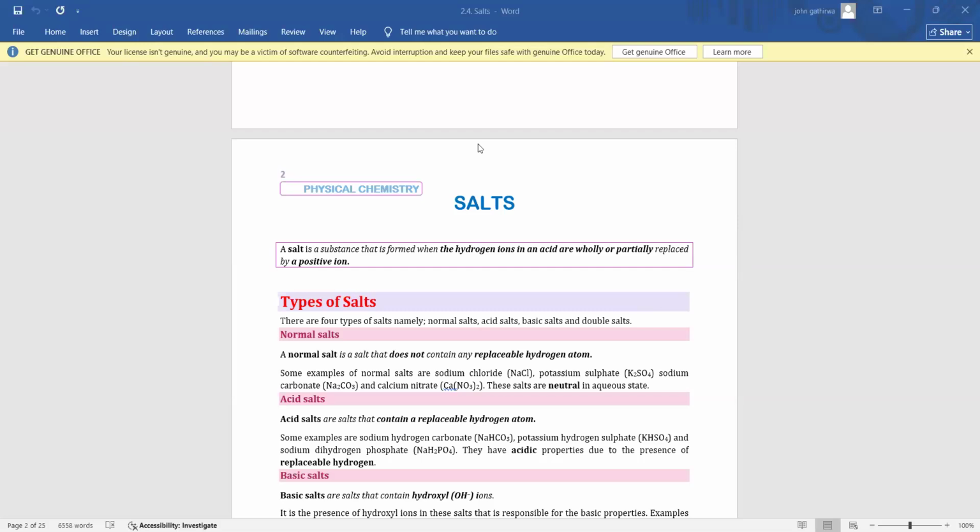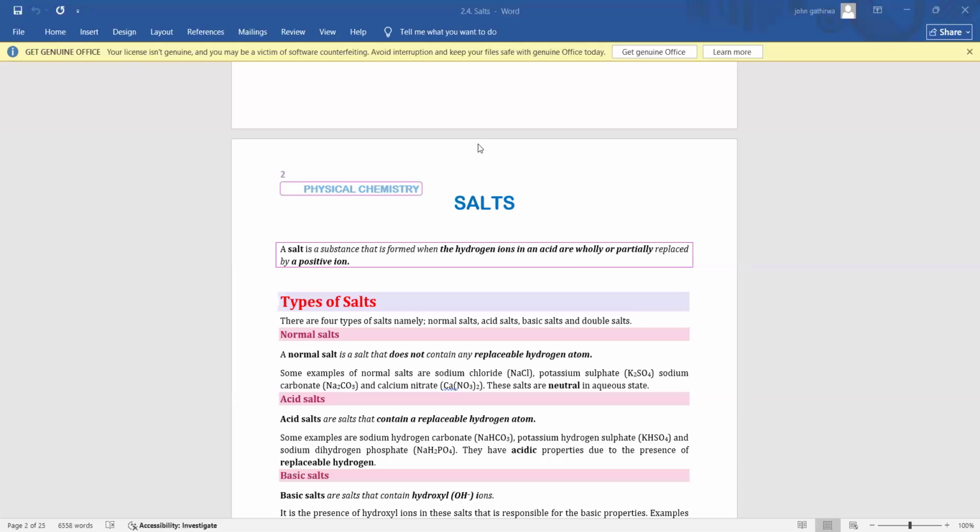Basic salts are salts that contain hydroxide ions. For example, sodium hydroxide. Someone else who can assist on examples of basic salt.